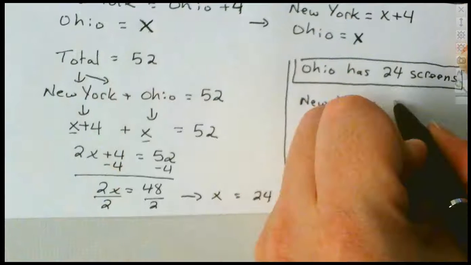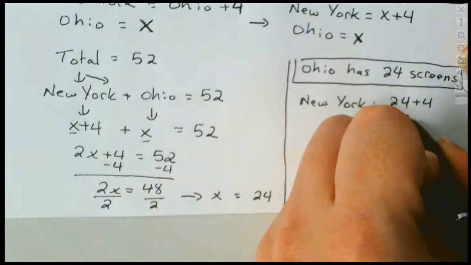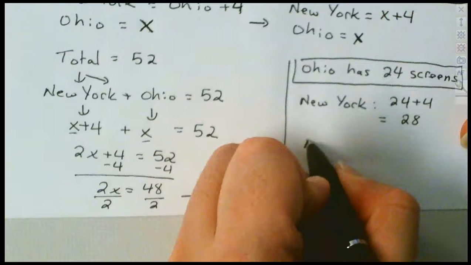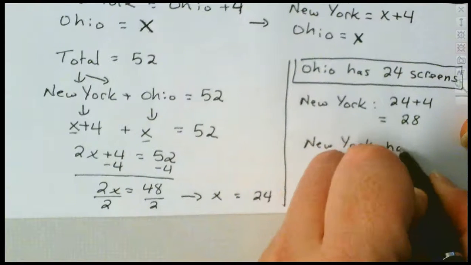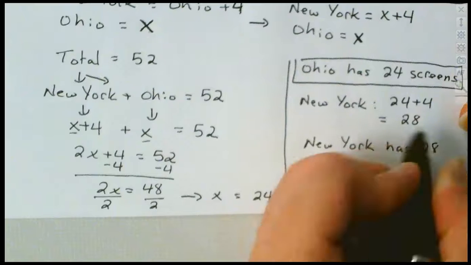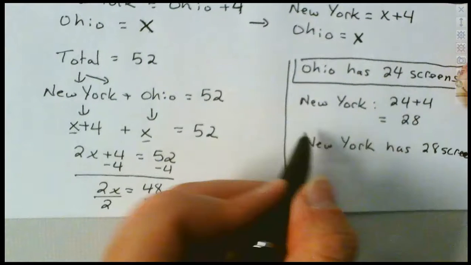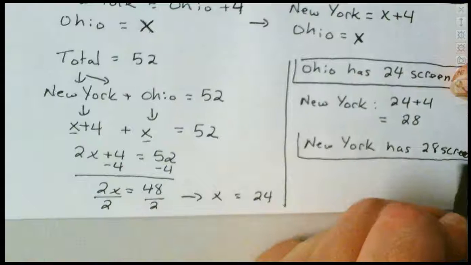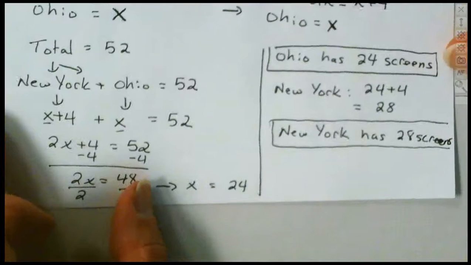So that's going to be 24 plus 4, which is then 28. So now we know that New York has 28 screens.